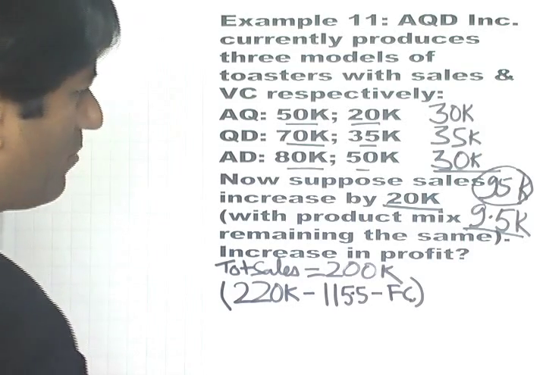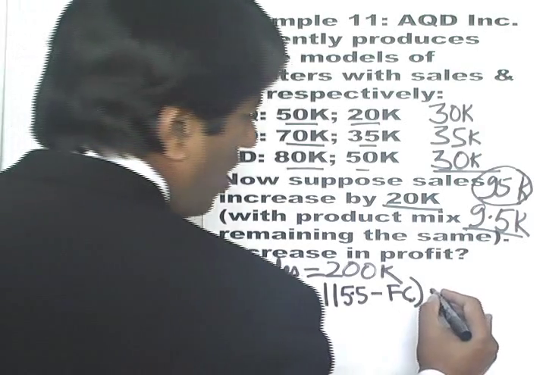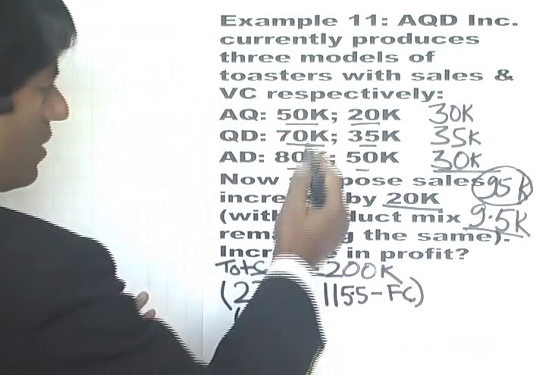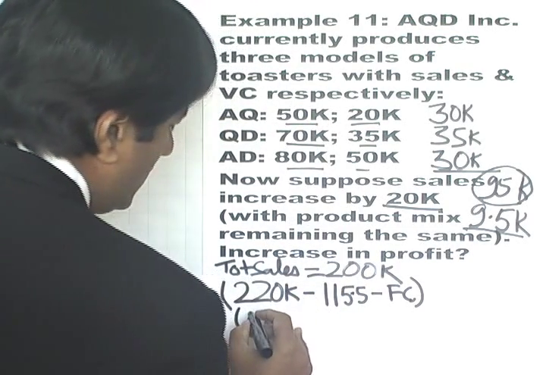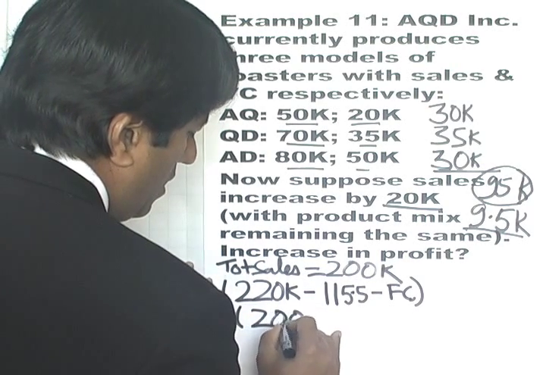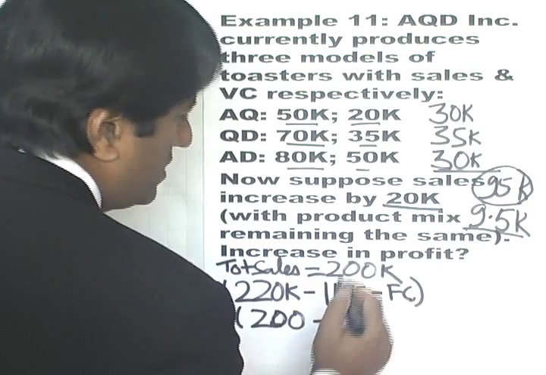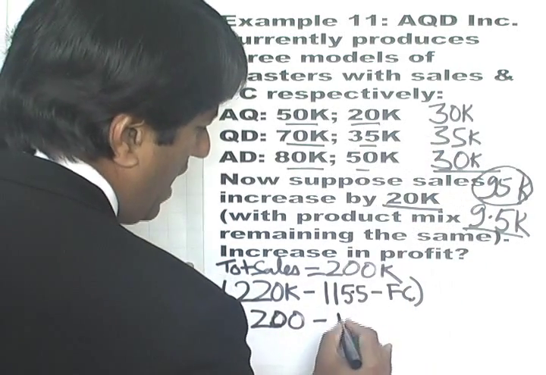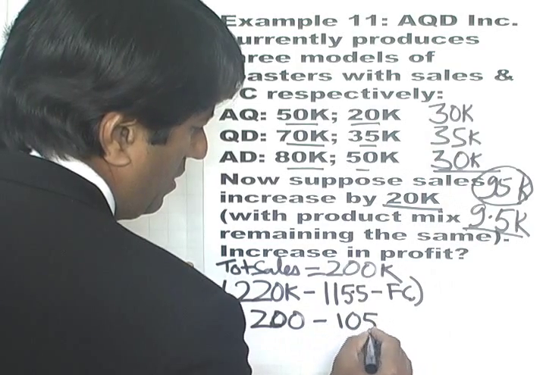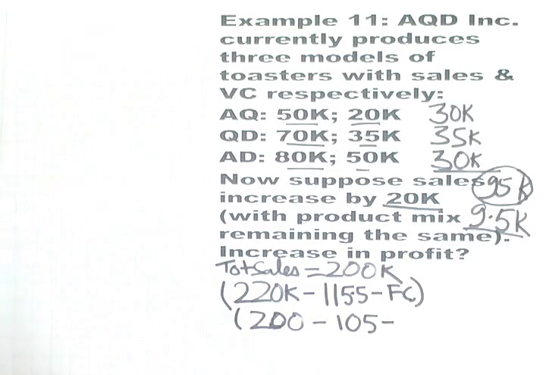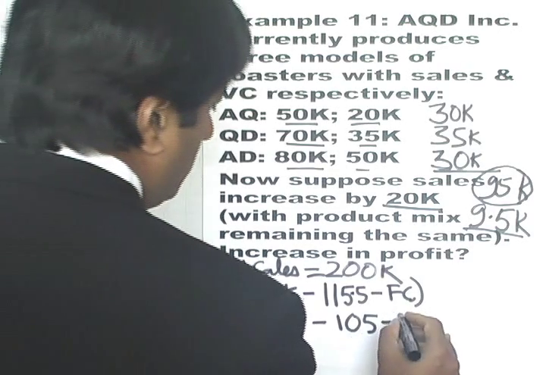Now what is the old level of profits? Well, the old level of profits was old level of sales, which was 200, minus old level of total variable cost, which was 105, minus fixed costs.